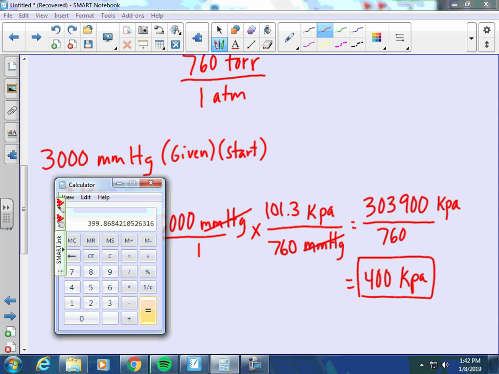If you see 400, that's it. It's not like we're going to put 400 as one choice, 399.9 as another, and 399.86 as another. That wouldn't be fair. Just find the number that's closest to your math.